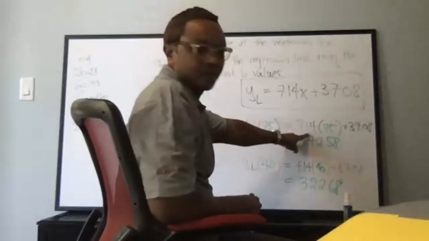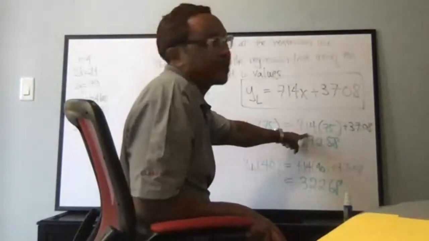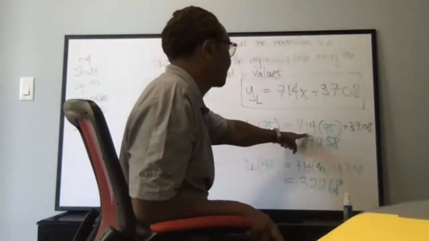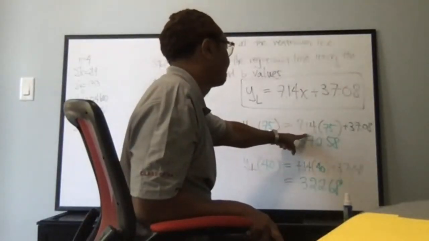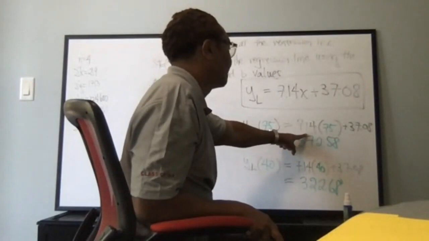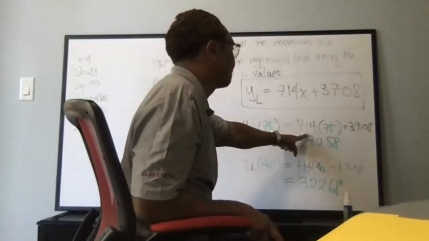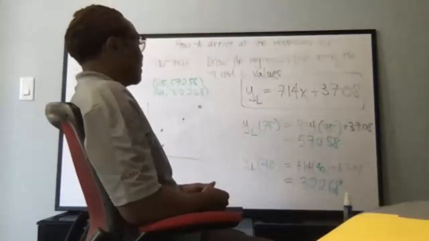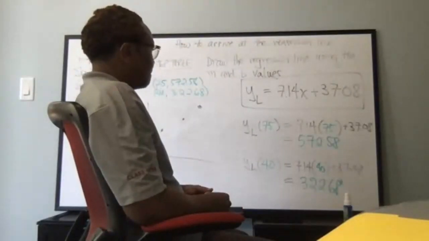Okay, so type in your calculator 7.14 times 75, plus 37.08, and let me know what you get. Okay, I got it now.